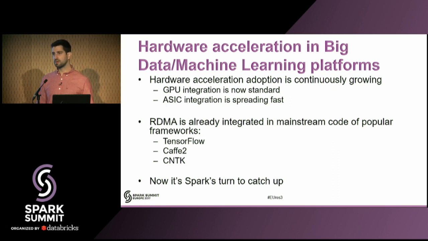And RDMA, as part of this hardware acceleration, is also picking up speed and is already integrated with the mainstream code of popular frameworks, for example, TensorFlow, Caffe2, CNTK, and a bunch more. And we think that this is Spark's turn to catch up with this and allow this kind of acceleration.